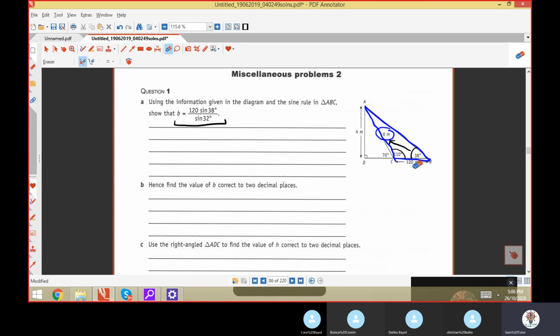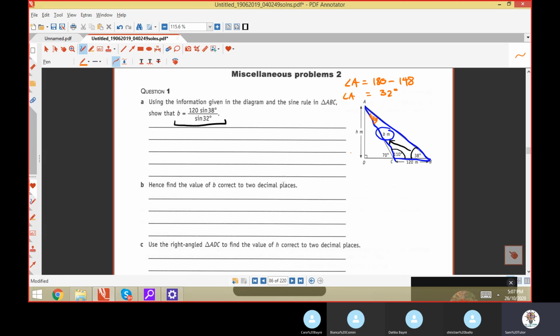What we can do is find the angle at the very top here, relating to 120. To evaluate that, we just use angles in a triangle. So angle A is equal to 180 minus 32.